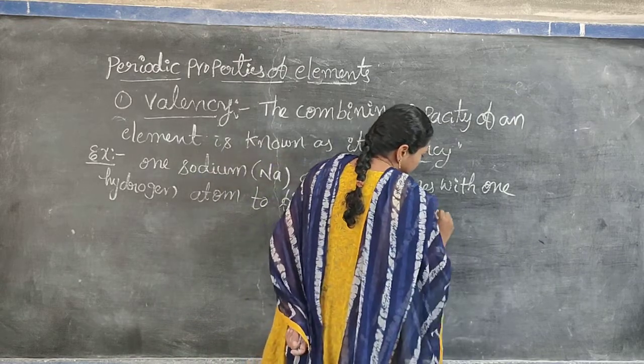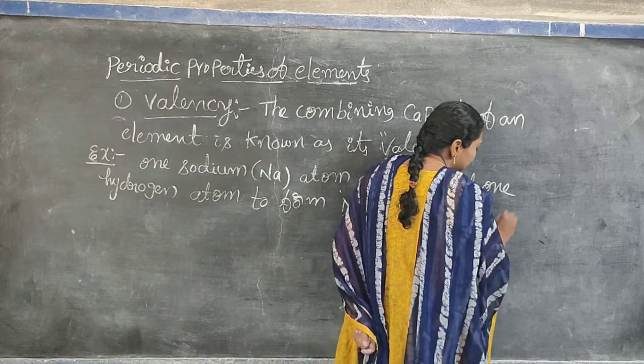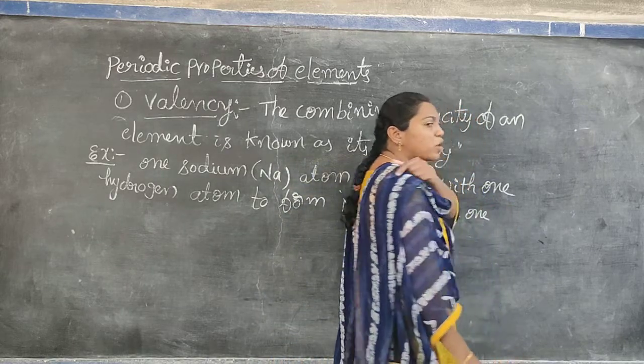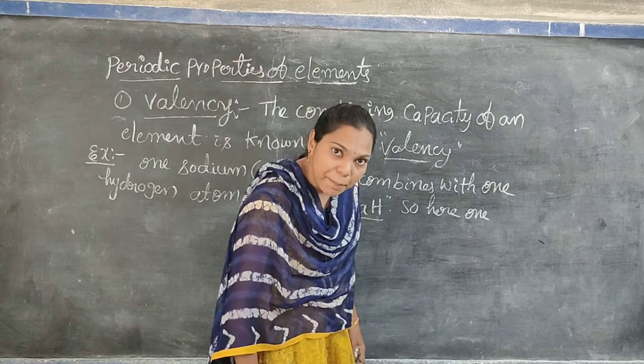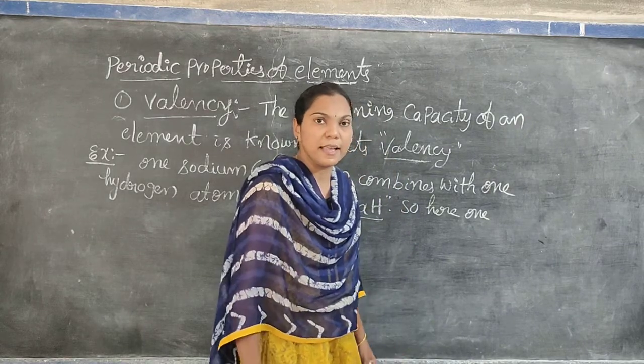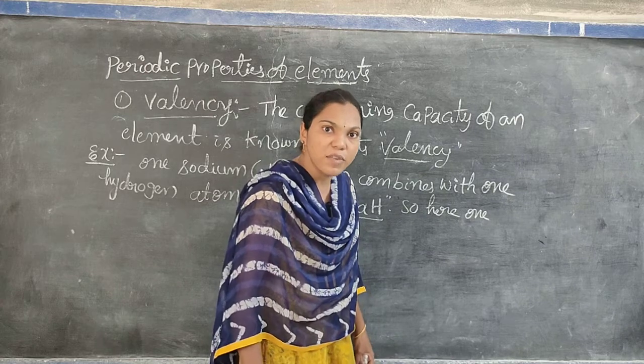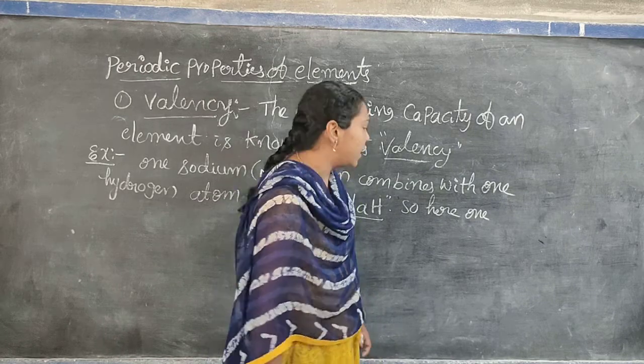So here one sodium combines with one hydrogen. The sodium combining capacity is 1, and the hydrogen combining capacity is also 1. So we can say sodium valency is 1, and hydrogen valency is also 1.